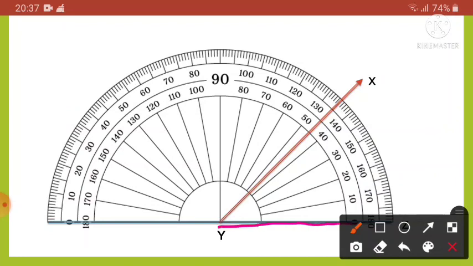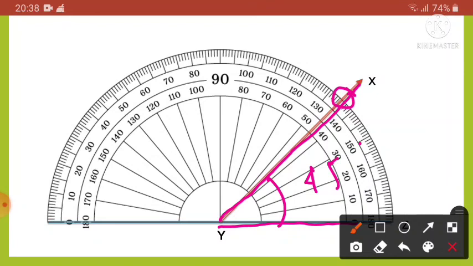Then mark a point X at 45 on the protractor. Now draw a line through point Y and point X at 45 degrees and extend the line. So angle XYZ equal to 45 degrees is formed.